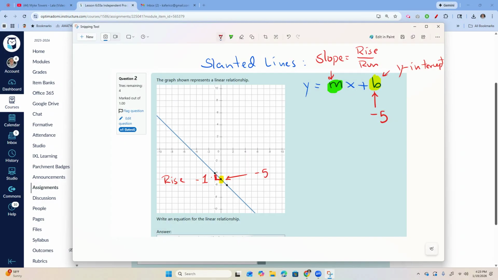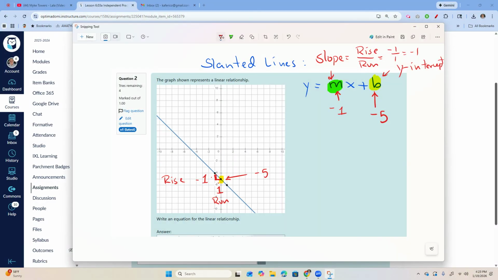I put negative because negative means I went down. And my run is also 1. So it only takes 1 square for the rise and 1 square for the run. So the slope is -1 over 1, which is -1. That means my m here is -1.